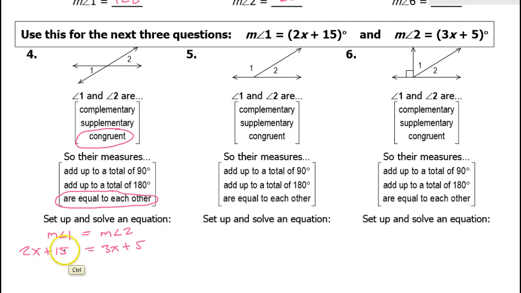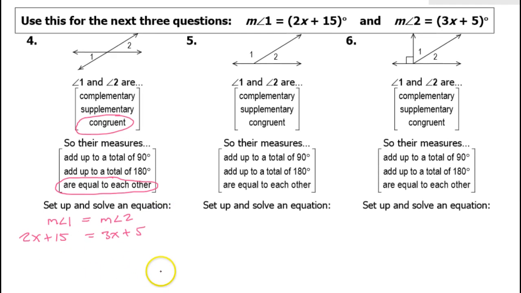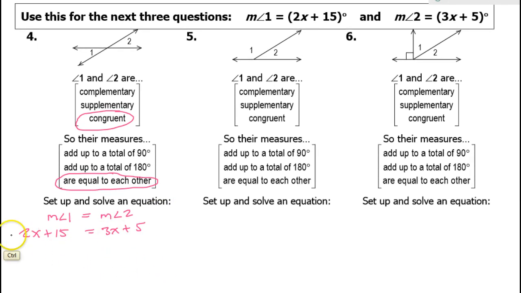Then for the algebra, we just need to solve this equation. When you have the variable on both sides, you want to get those on the same side by subtracting one of them. So I'm going to subtract 3x from both sides, so that these cancel each other out. Over here, I will have negative x plus 15 is equal to 5.